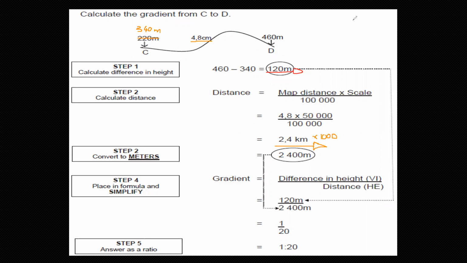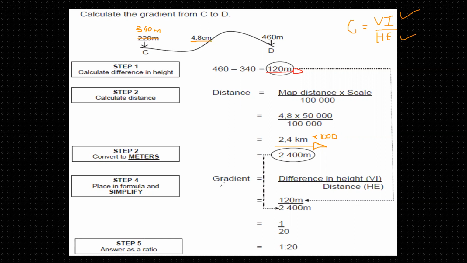So now if we look at our gradient formula again, gradient equals your VI over your HE. And we look at what we need. We have found the difference in height. And we have found the distance between those 2 points. So now we are able to use our gradient formula.